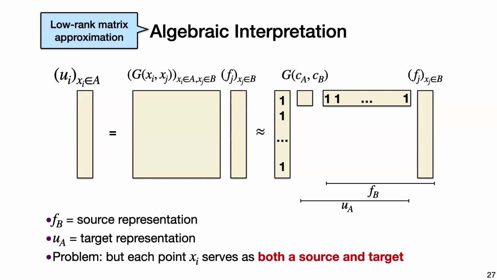We've condensed down A and B into their centers, and we do vector multiplication. And so this will reduce the time, it's true.